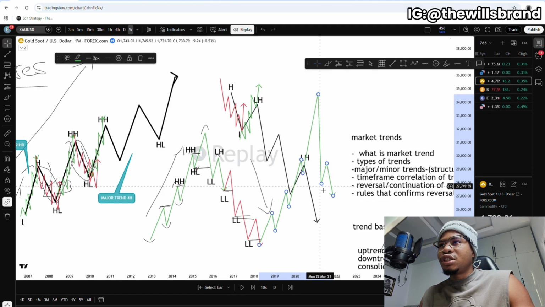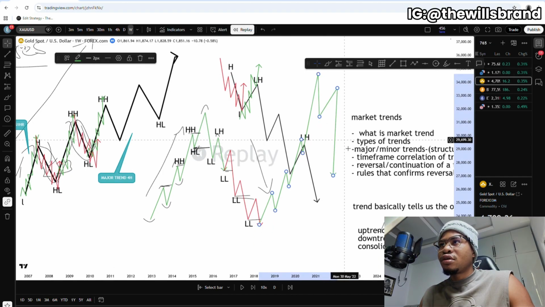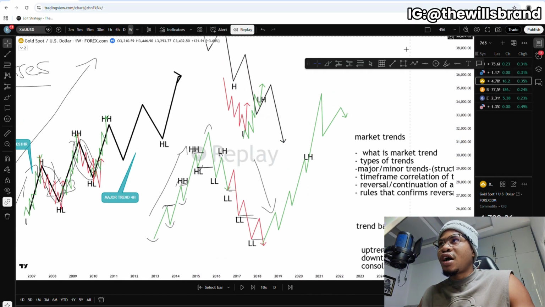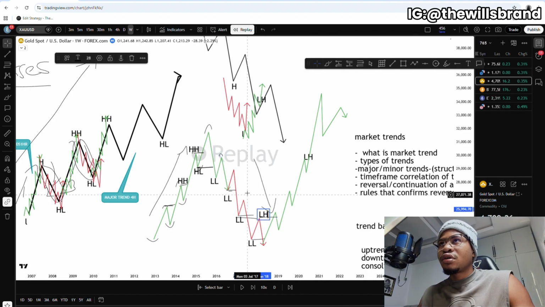And the market wants to change again. So what are we going to do? This is what happens. We break a previous lower high point. This is how the market changes.